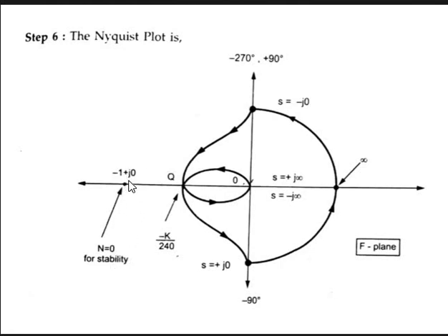If minus 1 plus j0 lies here, it will be encircled. The Nyquist plot must not encircle this point even a single time, which means n is 0. With p equal to 0 and n equal to 0, the system is stable. This is the required condition.